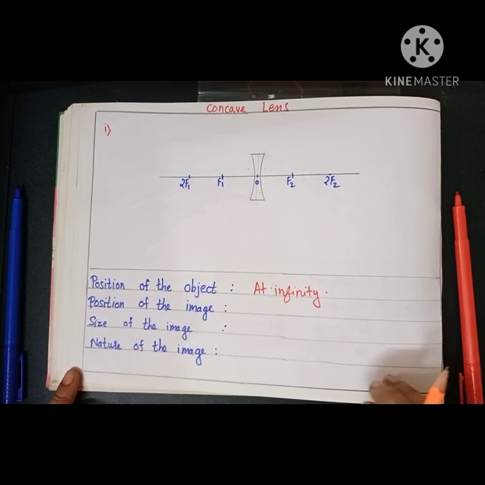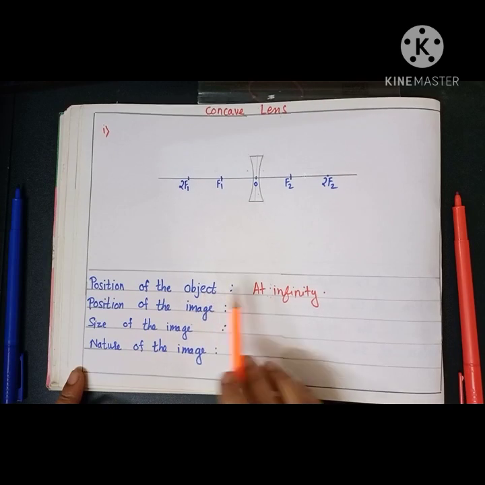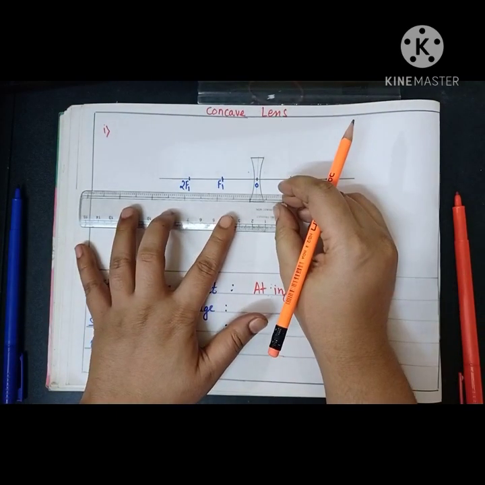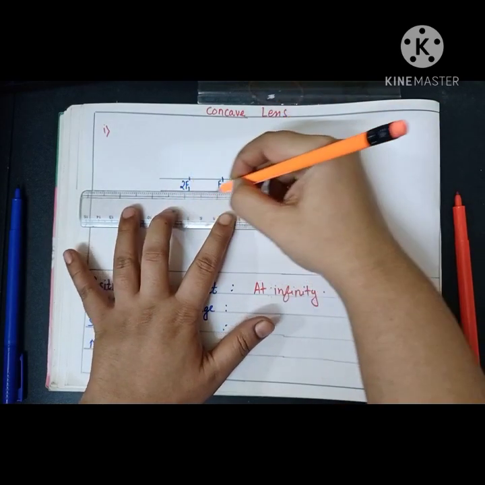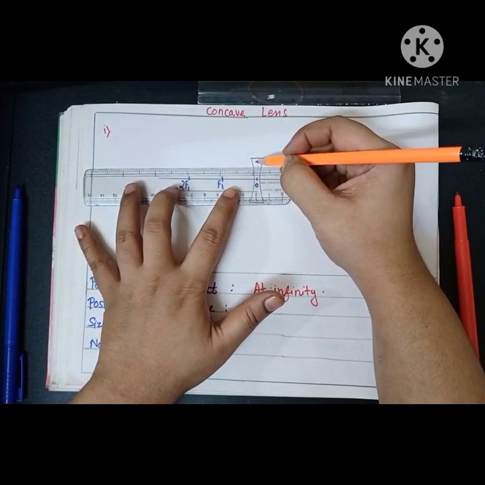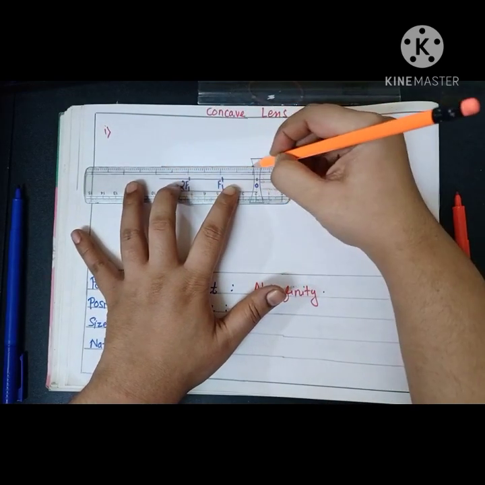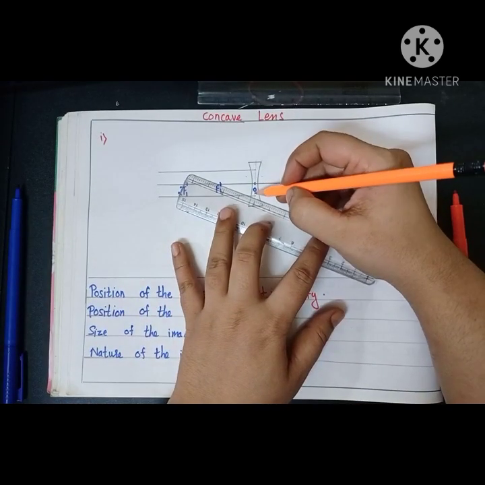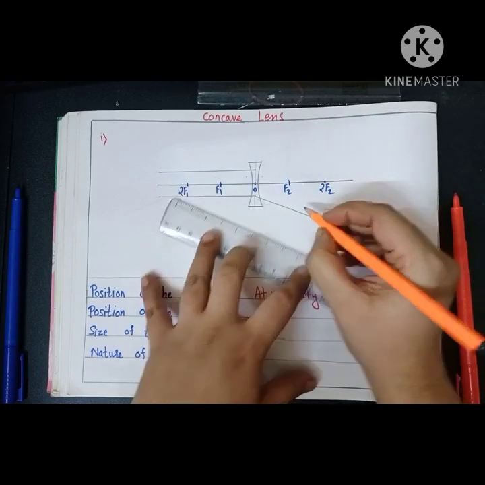Now let us draw the ray diagram for concave lenses when position of the object is at infinity. When position of the object is at infinity, we will draw parallel lines. So incident ray is parallel to principal axis. As it is a diverging lens, so it will diverge.